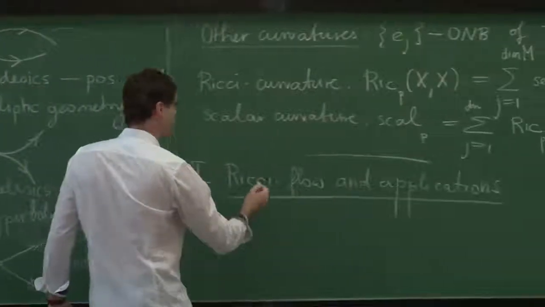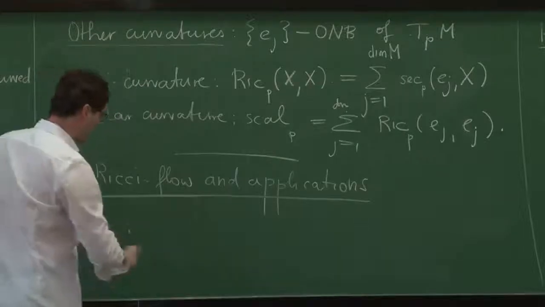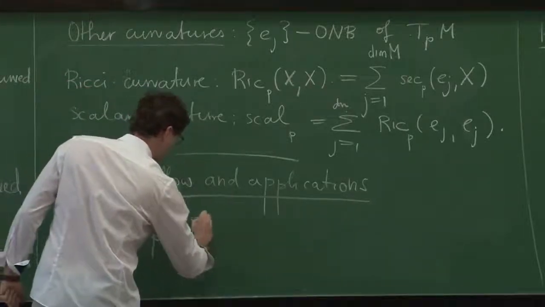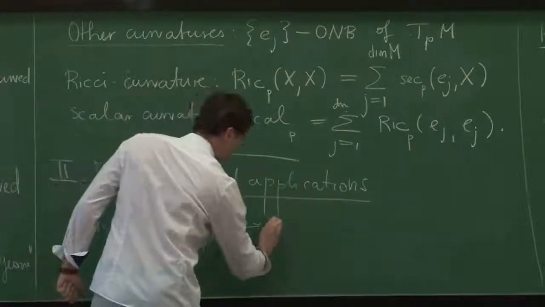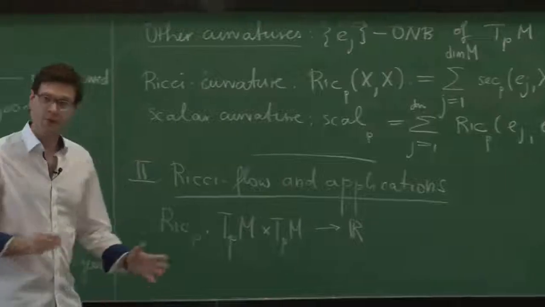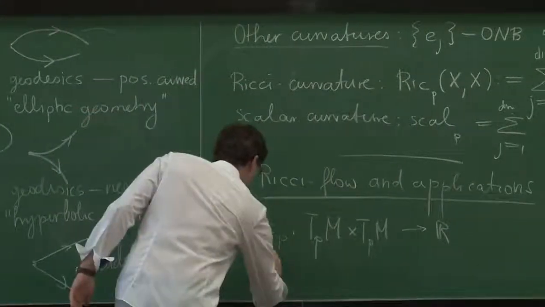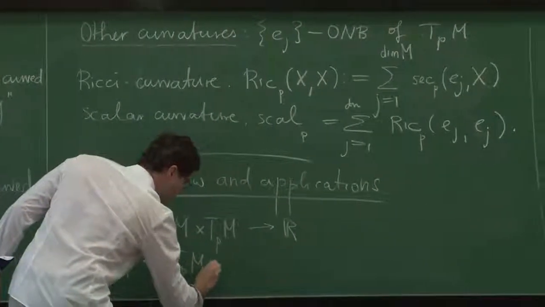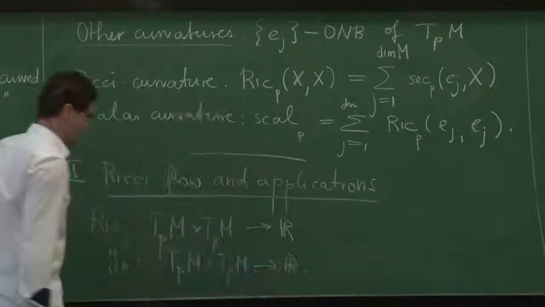Now, again, what is the Ricci curvature? Ricci curvature is a tensor which eats two tangent vectors, and it gives me a real number. Everybody knows what a Riemannian metric is, right? I wasn't sure. It is again eating two tangent vectors and giving me a number.